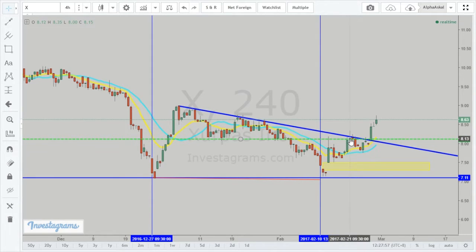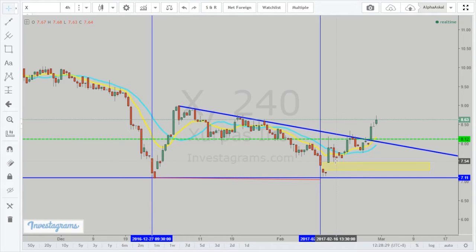So right around here we entered X, and then we had a pullback, but it's okay because we are following our rules. One of our first rules is that our entry point is a crossover between the exponential moving average 13 and moving average 20, which we already validated earlier.